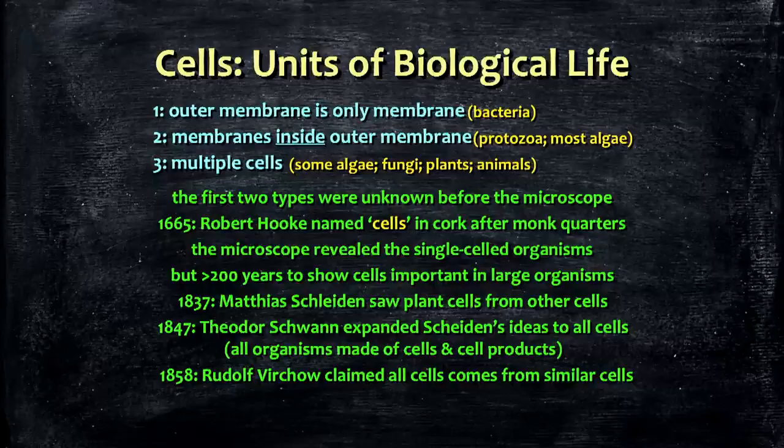In 1837, Matthias Schleiden saw plant cells that actually developed from other plant cells. A plant cell divided and produced a new plant cell. A decade after that, Theodor Schwann expanded Schleiden's observation on plants and extended it to other cells, to all cells.